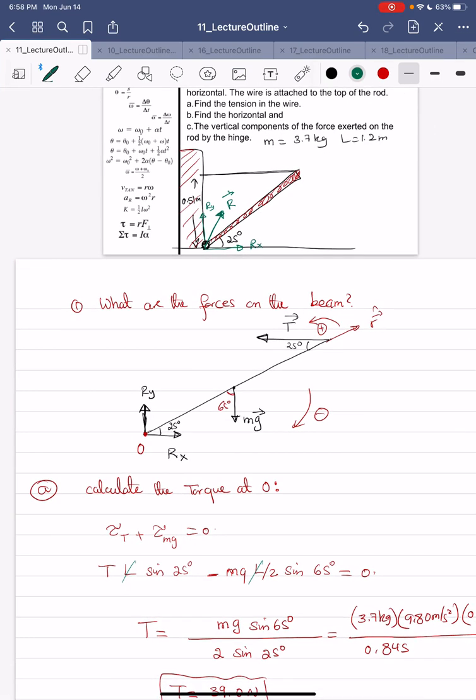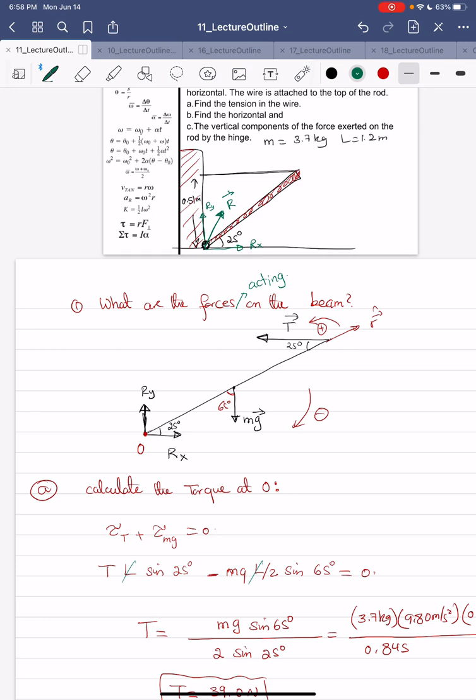The first thing is, what are the forces acting on the beam? Okay, what I will do here is redraw the beam, isolate it from the other things in there, and find what are really the forces on it.